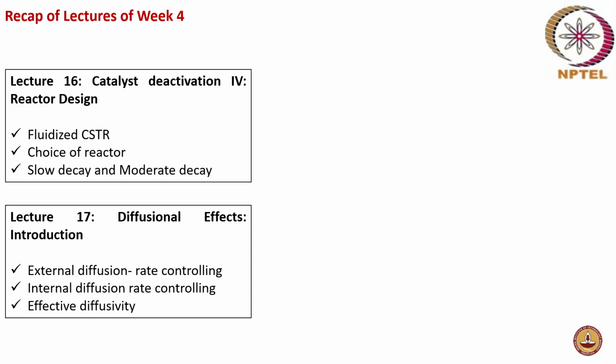Please explain. So, why are we introducing the concept of effective diffusivity? As I said, this catalyst is going to have some pores. If you consider, for example, a spherical catalyst, it may have pores of different sizes.